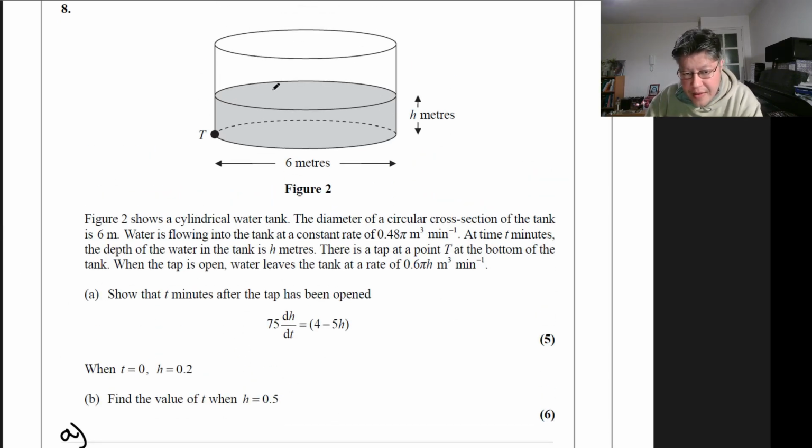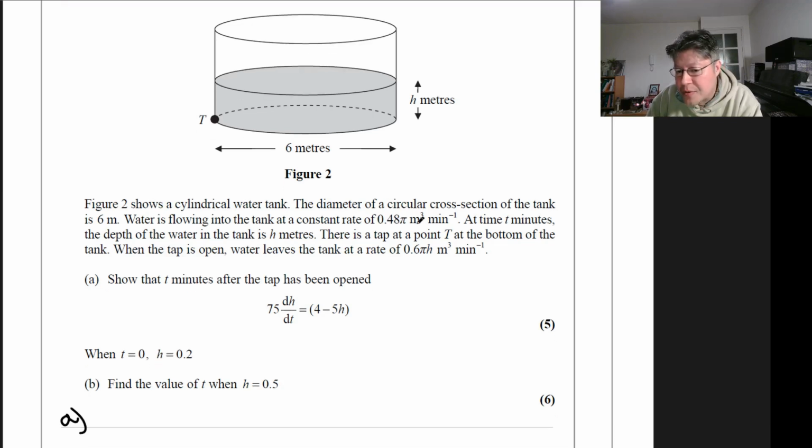So we're given a cylindrical water tank, and the diameter is 6 meters, and we're told that water is flowing into the tank at a constant rate of 0.48 pi. So we're going to write that down in terms of symbols. If you look at the units, it says meters cubed per minute. So that's meters cubed is a volume, and per minute is per unit time.